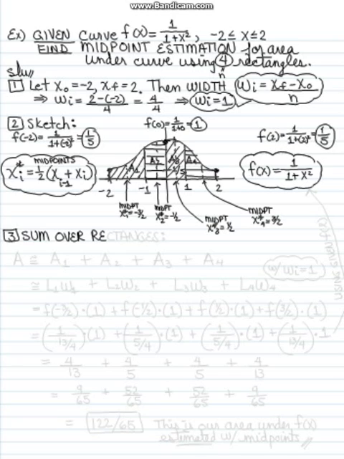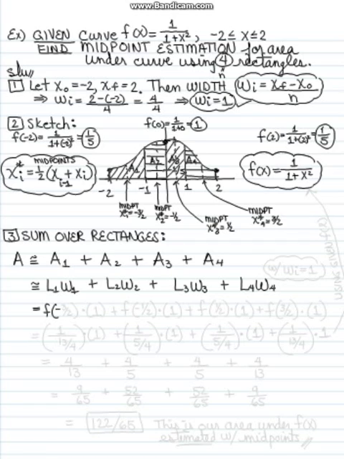The sum will be over all the rectangles, and that will give us the area under the curve approximately equal to A sub 1 plus A sub 2 plus A sub 3 plus A sub 4. And that's approximately equal to length times width for each rectangle. That's equal to the function evaluated at the midpoint, -3/2 times the width.